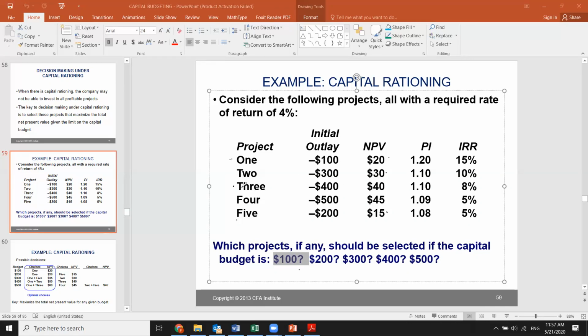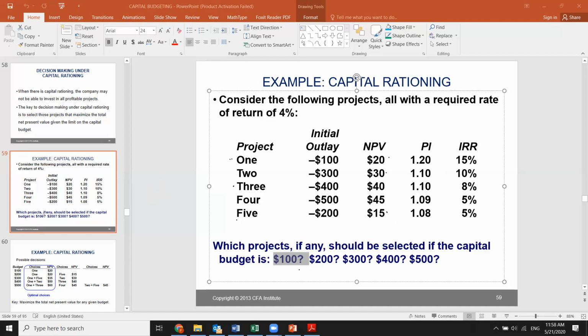Why can we not leave the money unused? The reason is the time value of money. If it's in a bank account and doesn't earn anything for you, then it's meaningless to keep this money because it loses its value. So if we have $500, we should use all of it with the highest NPV.